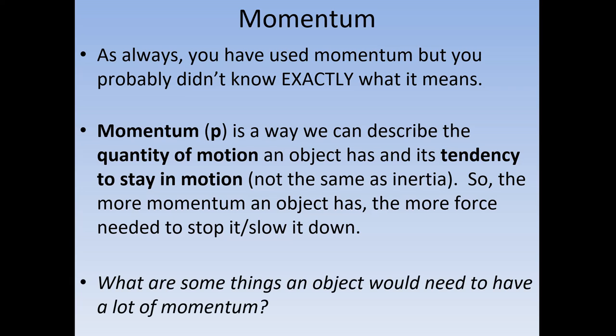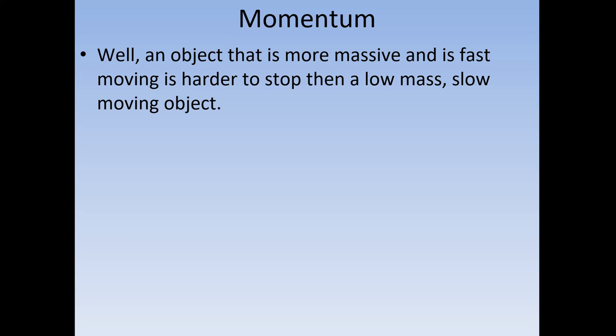So we can ask ourselves, what are some things that an object would need in order to have a lot of momentum? The first one is that we can already see right there that since it's very similar to inertia, the mass of the object has to play a role in momentum. Just like how inertia affects the tendency to change the motion, momentum has a very similar definition.